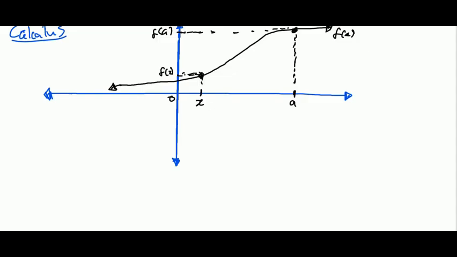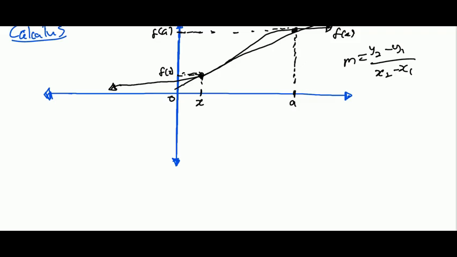So, from previous grades, you were taught that the gradient of a straight line is calculated by y2 minus y1 over x2 minus x1. So, from this formula, you know that the gradient of a straight line is constant at all the points. So, in this case, let's say you have a straight line.